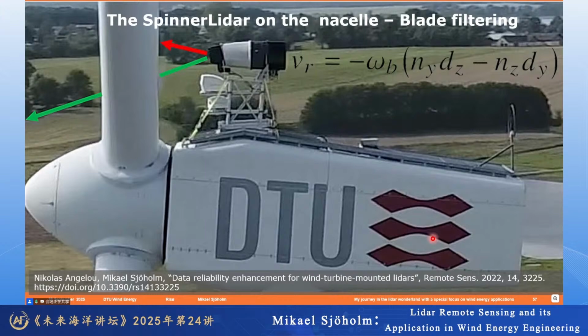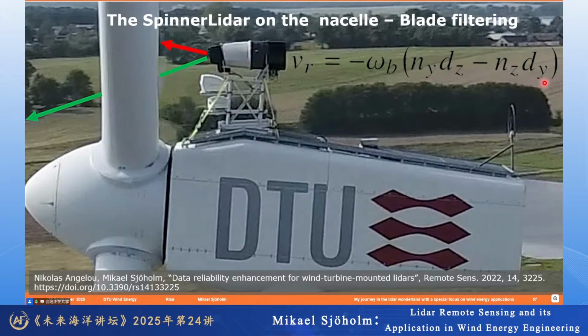And recently we have also applied this lidar, which we call the spinner lidar, behind the blades. For that we developed a way of filtering out the blade returns by modeling how the blades are rotating.